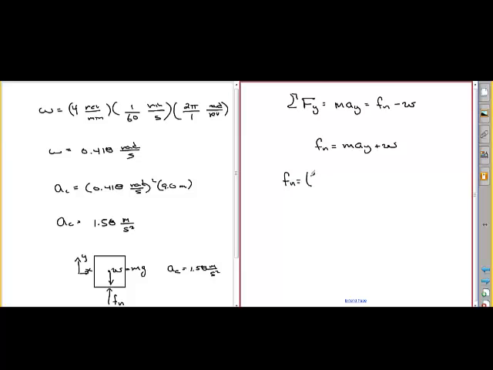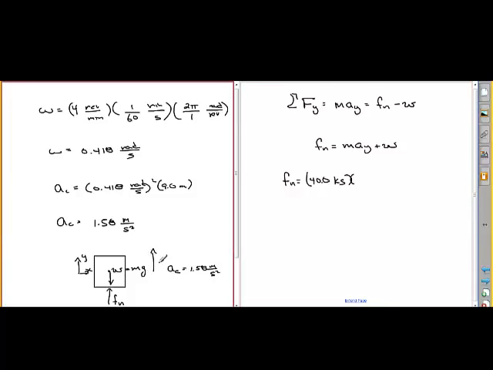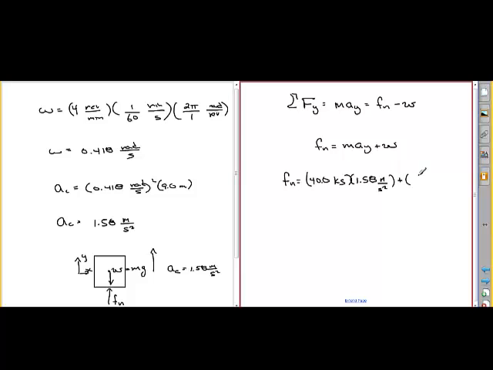The mass is 40 kilograms. Acceleration in the y direction: well, a sub y is in this direction because it's towards the center of rotation, and therefore it's a positive 1.58 meters per second squared. Weight is always positive, so it's the mass times the acceleration due to gravity, which is positive.